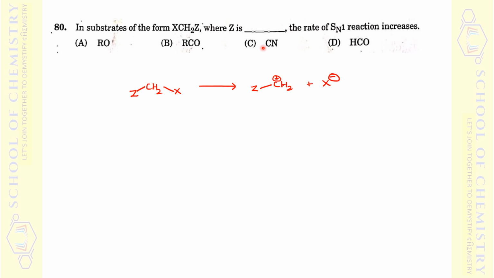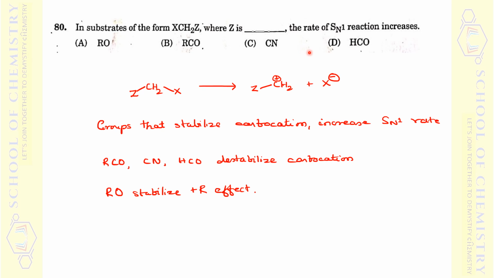All other groups, B, C and D, will be destabilizing this carbocation, so they will not accelerate the SN1 reaction. If the Z group is electron donating, we can expect the carbocation to be stabilized. If it is electron withdrawing by the minus R effect, it will destabilize.